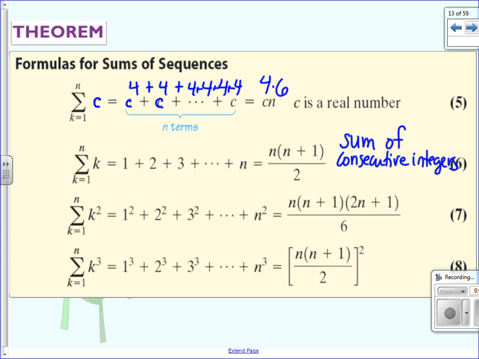So if we're adding up the first 10 consecutive integers, 1 through 10, we plug in 10 for n. This is the sum of squares. So if you add 1 squared, 2 squared, 3 squared, all the way to n squared, you have this cubic formula. And lastly, we have another formula for the sum of cubes.